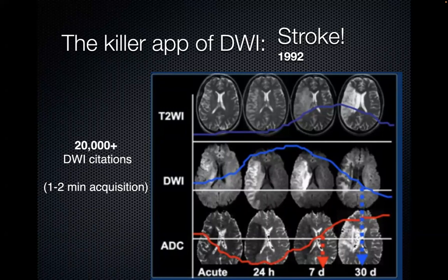But as of today, it's still the killer application. I'm going to show you a little bit about tractography and how that's making its way to neurosurgical application. But just based on this phenomenon, basically, as soon as your water molecules are affected, diffusion picks it up.